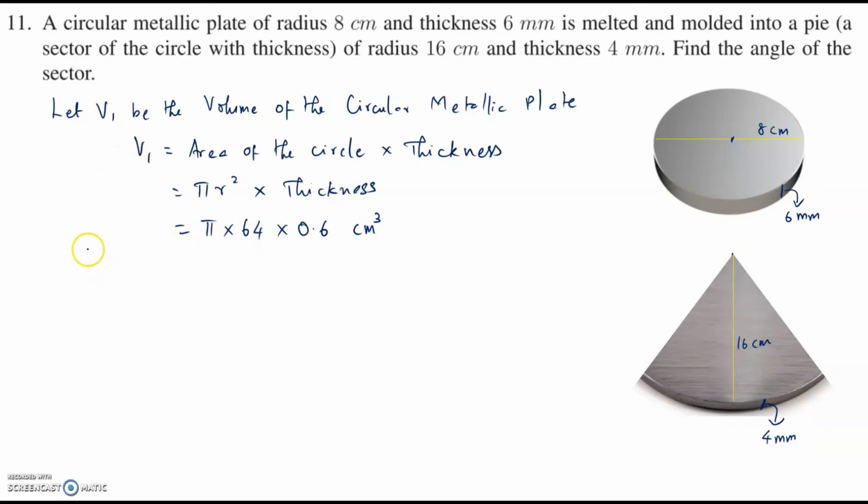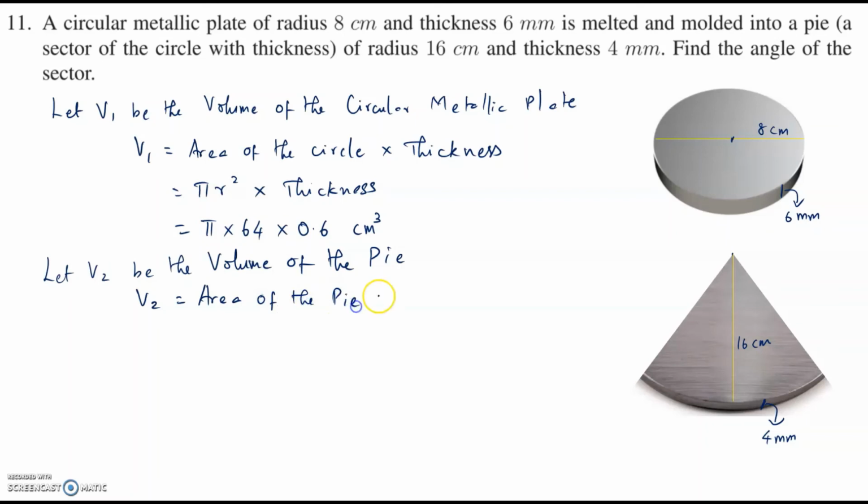Further, we can find the volume of the pie. Let V2 be the volume of the pie. V2 is equal to the area of the pie times the thickness.